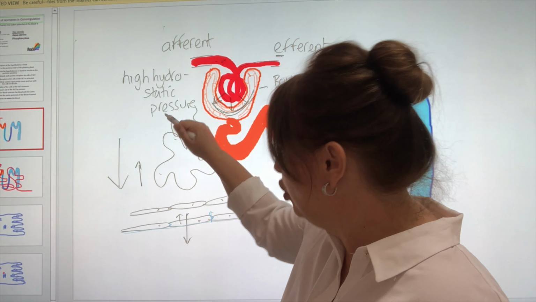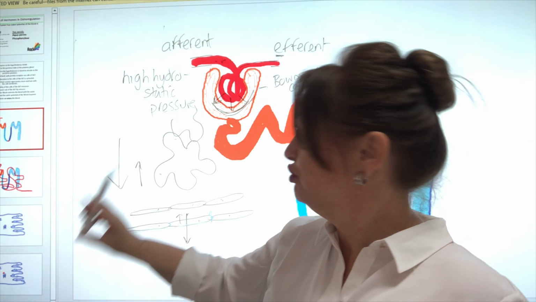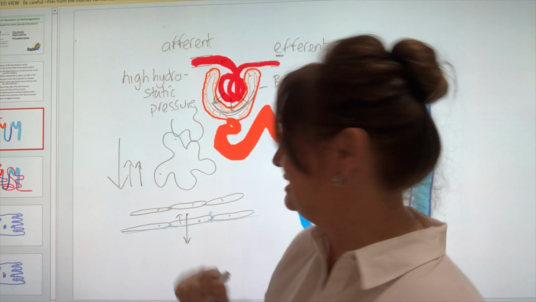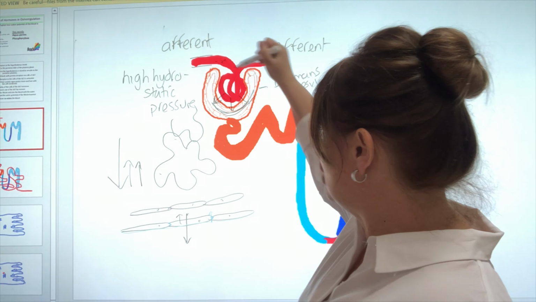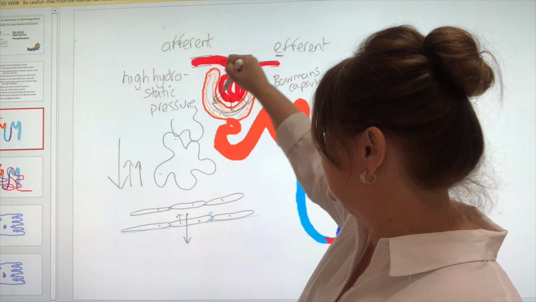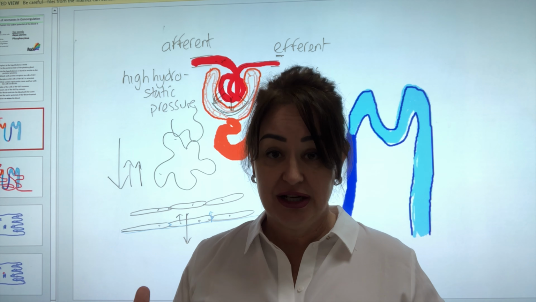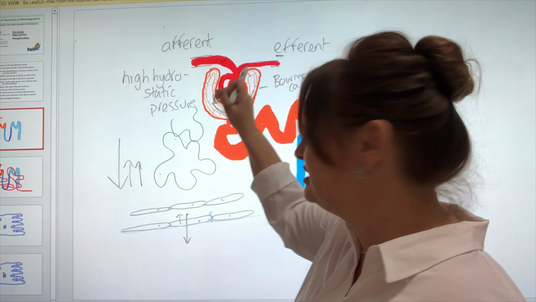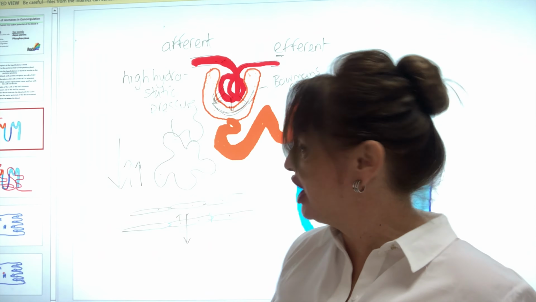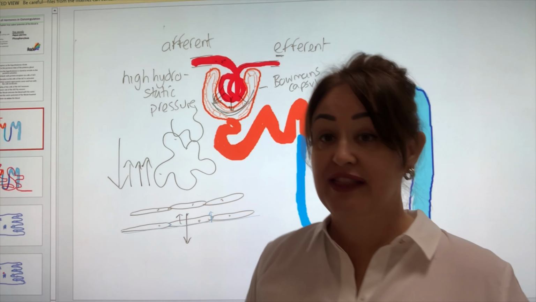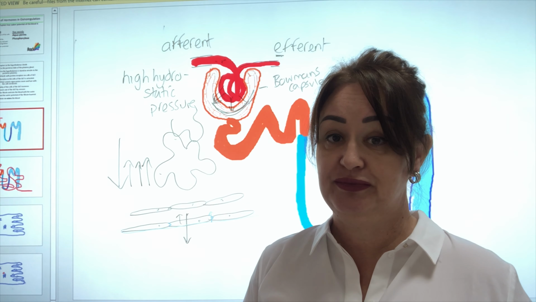However, they also offer some resistance back against that. You're also trying to squeeze fluid into an area where there's also fluid. So you've got hydrostatic pressure pushing back also, so there's another thing pushing in the opposite direction.